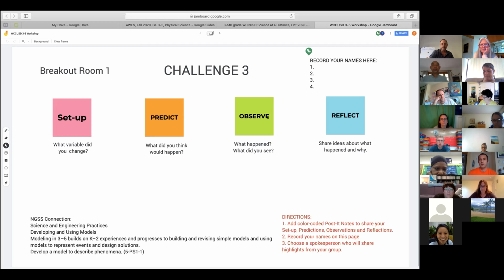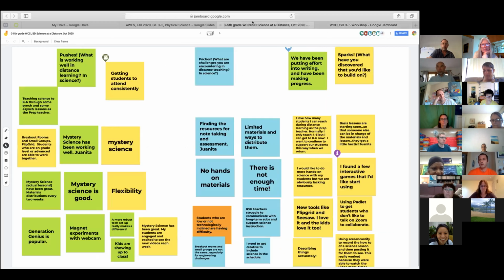So it's breaking down the 4 components that we explored today of doing an activity and exploration. The classics are predict, observe, reflect, but then we're adding in this idea of getting to mess around with the model itself and changing the setup. So I just wanted you to see that. That's a tool that will be available to you.